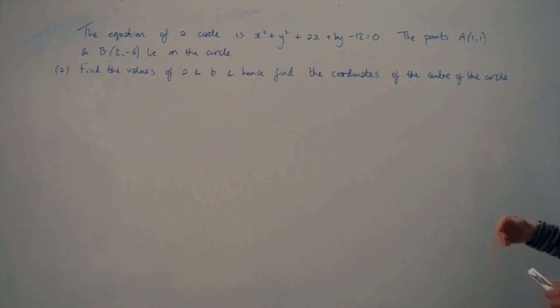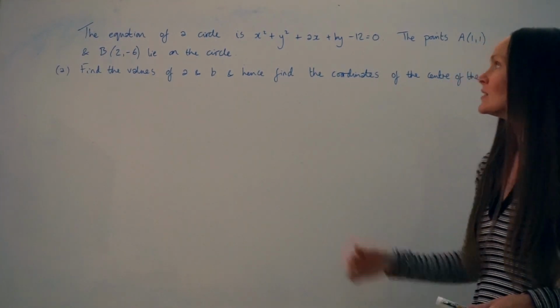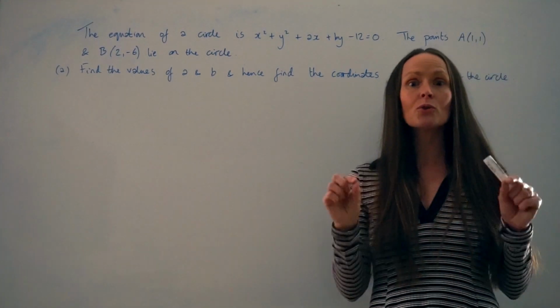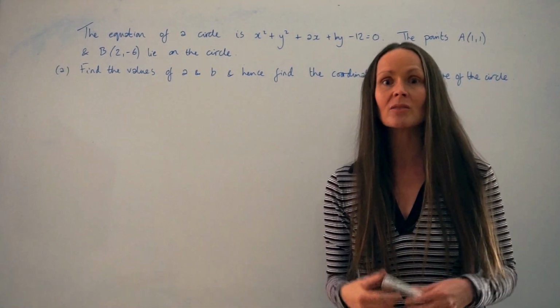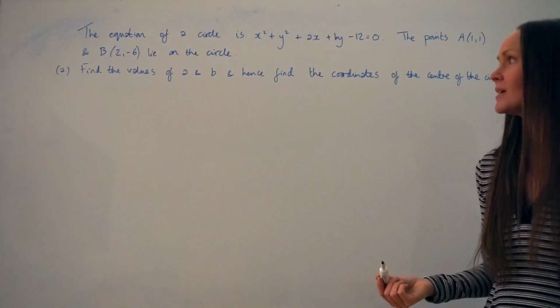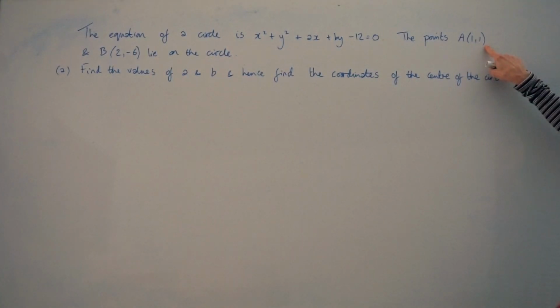So I'm going to substitute the x, y coordinates from each of those points into the equation of the circle one by one, and that will help me form 2 separate equations, okay? Then I can use those 2 equations, and I'm going to solve simultaneously to work out the values of a and b. Okay, so I'm going to start by substituting these coordinates into the equation.